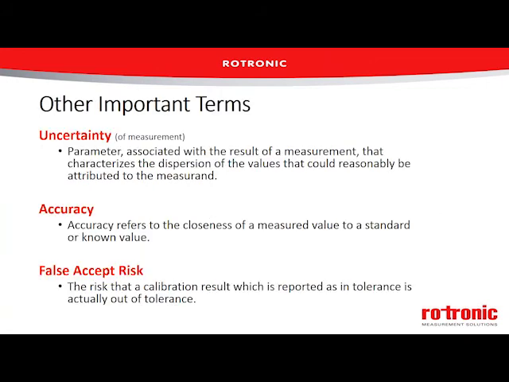Moving on to some other terms, uncertainty, which I just mentioned, is another key one for us to understand. The uncertainty of measurement is the amount of dispersion that we might have over a measured result. So we get a measured result, but how much uncertainty is there in that actual result?